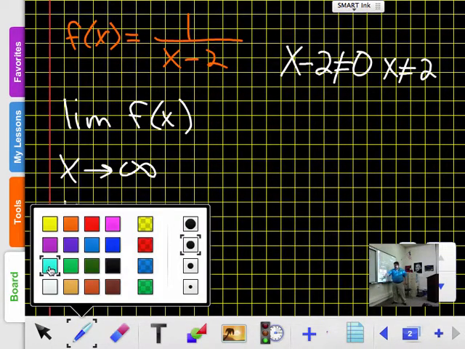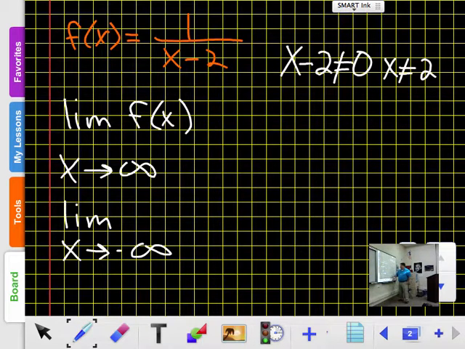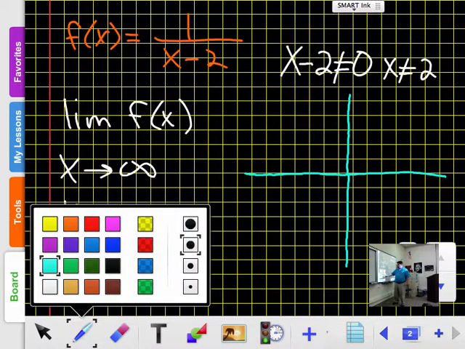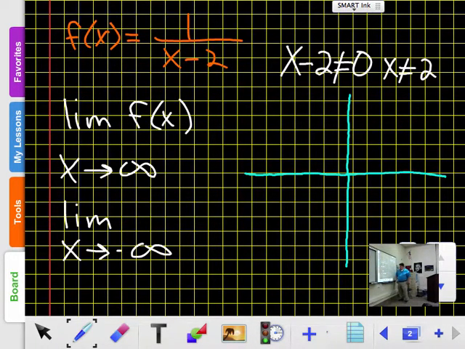To give you guys a rough sketch of what this looks like graphically, x can't equal 2, so if I get to 1, 2, it's not going to cross there.